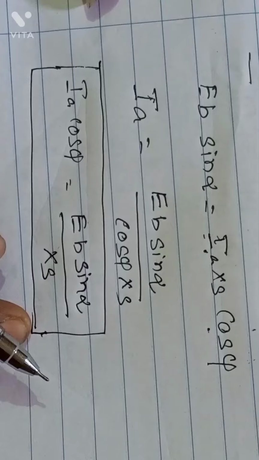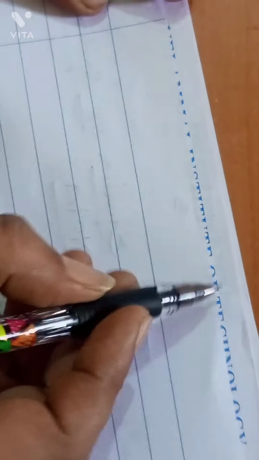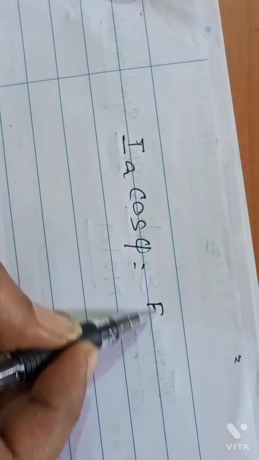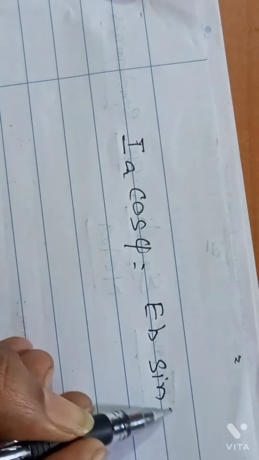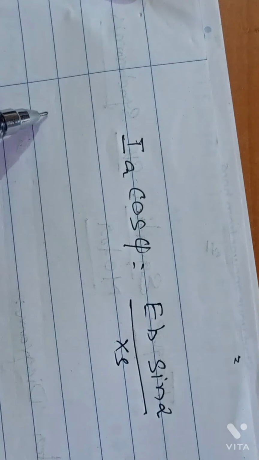So IA cos phi is equal to EB sin alpha by XS. Right?